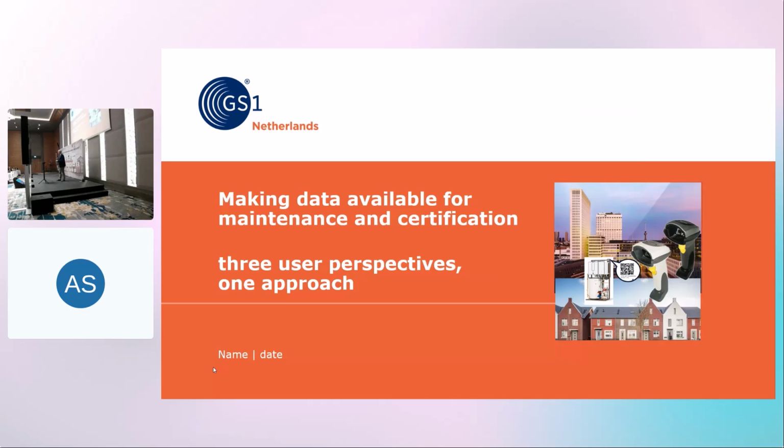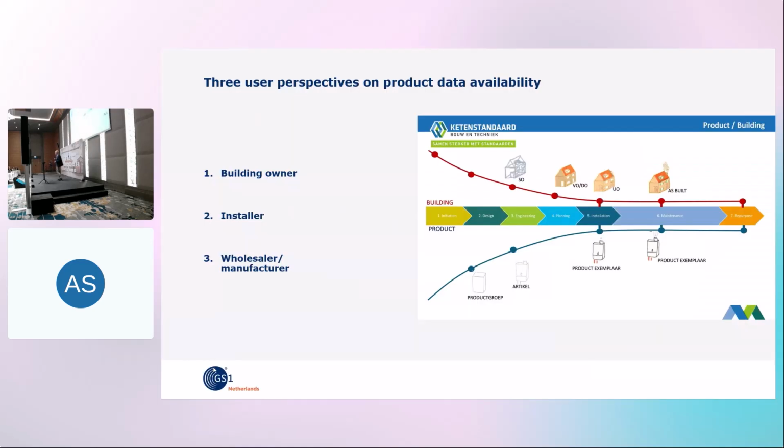Three different perspectives. If you look at the design process of a building, you start with an idea and you go all the way to demolishing the building after 30 years. I think most of you will be on the upper level, in the designing, creating the data files with specifications.